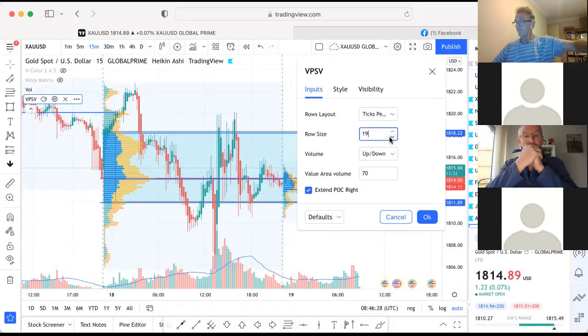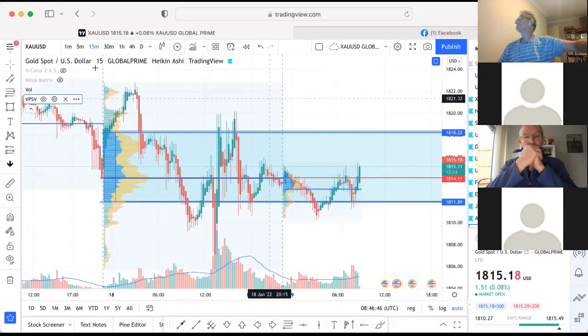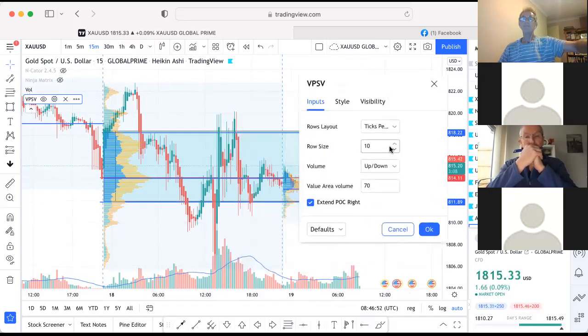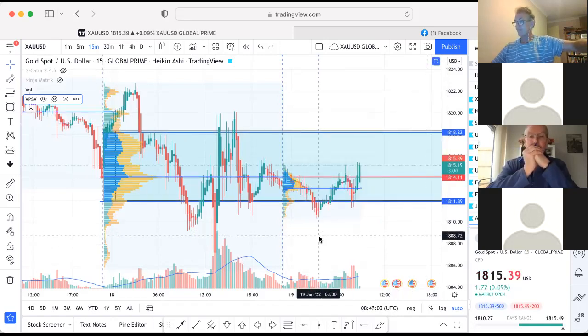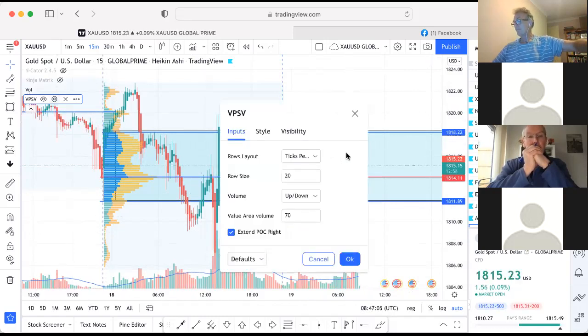Going on to row size, again, personal preference, but I was on 20, I've just changed it down to 10. And you can see you're getting a much finer, the rows, the bands are much smaller. So I'll go back and just toggle that back so you can see what happens. So I'm on 10, and I go back to 20. And then we'll try a bigger one just to emphasize the difference.